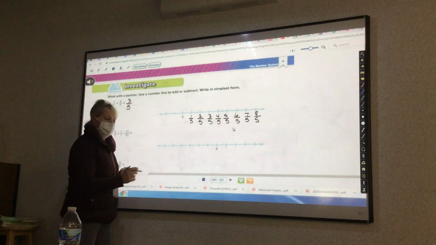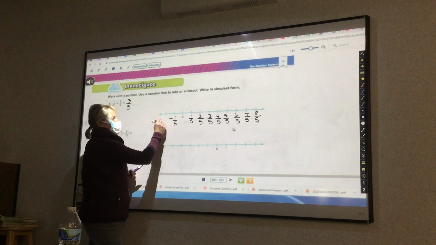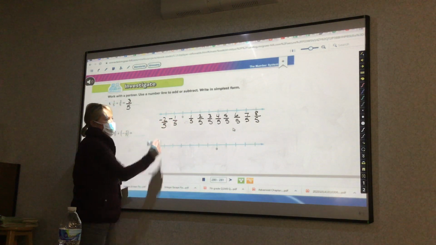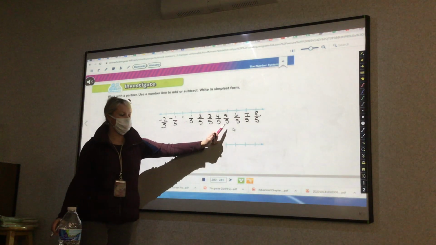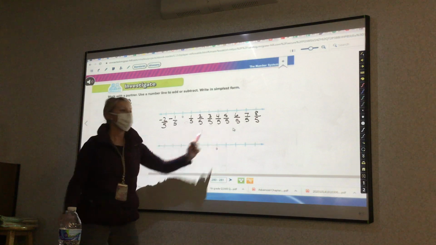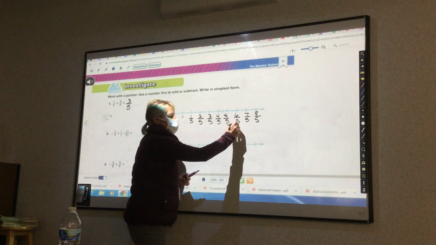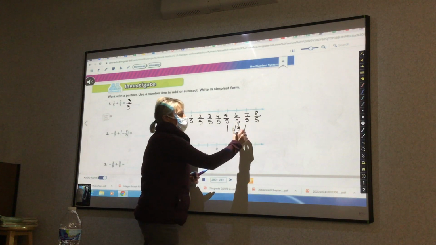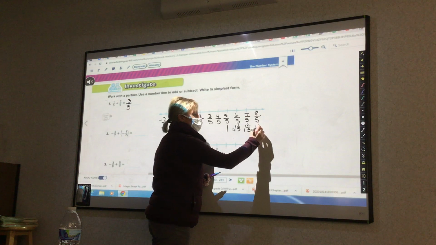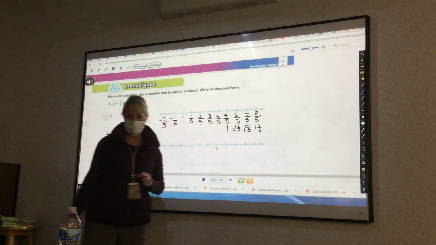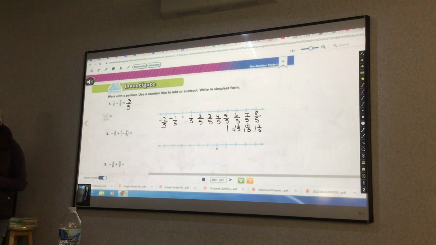To the left of the 0 are what numbers? Negative. So negative 1/5, negative 2/5. When I got to 5/5, what is that also? A 1. So this would be 1, and this would be 1 and 1/5, 1 and 2/5. Write both of those fractions while you label your number line.